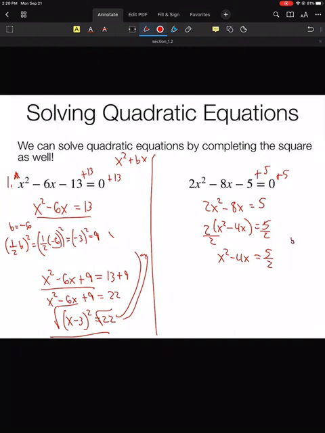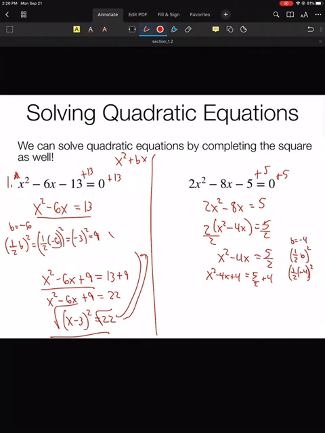Then I complete the square. Okay, b is negative 4. So 1/2 b quantity squared is going to be 1/2 of negative 4, squared. That's negative 2. 1/2 of negative 4 is negative 2. Squared is 4. So I get x squared minus 4x plus 4. And then remember, I need to add 4 to both sides for it to be valid.